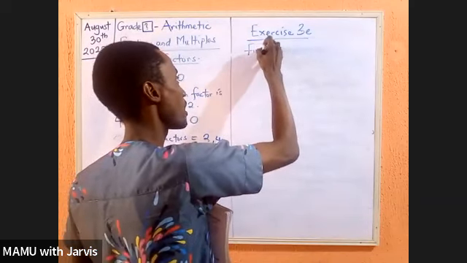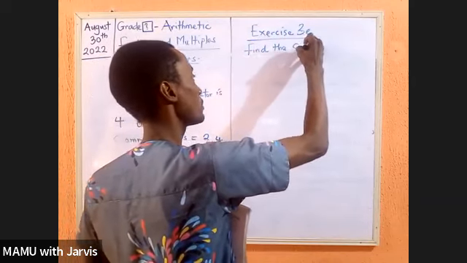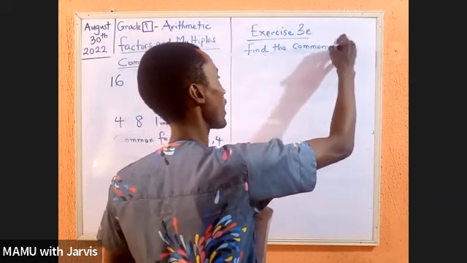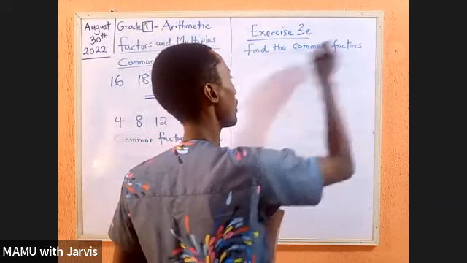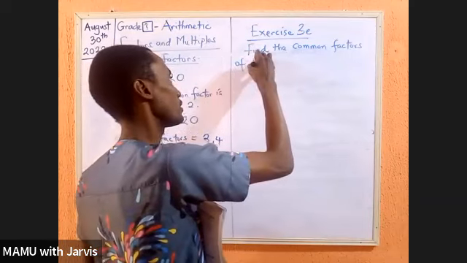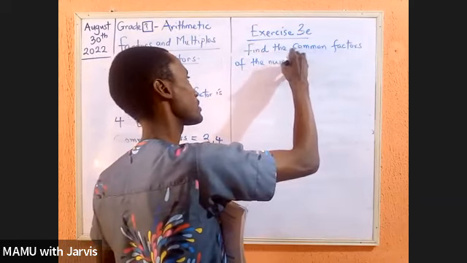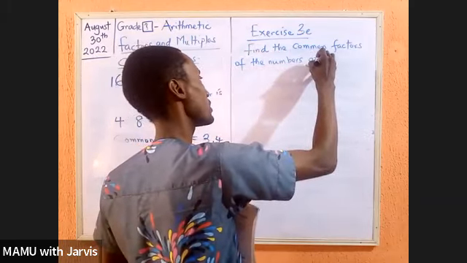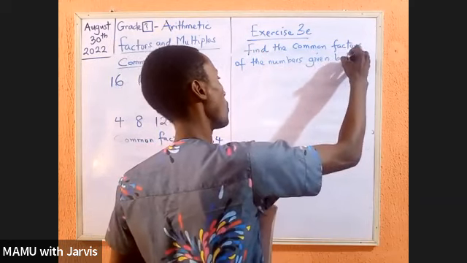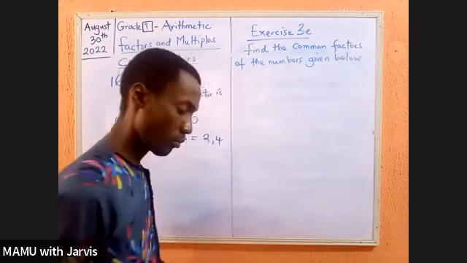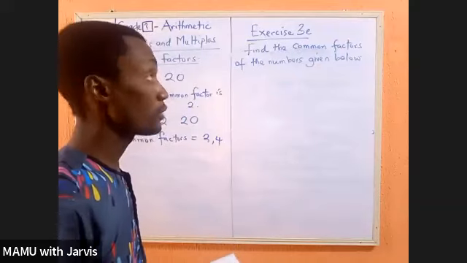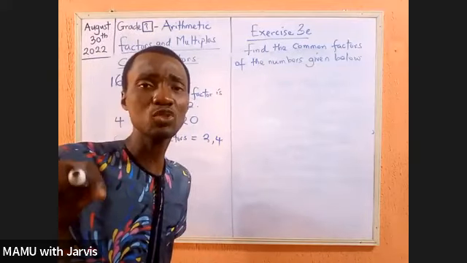Find the common factors of the numbers given below. Now there's an extra twist to that.